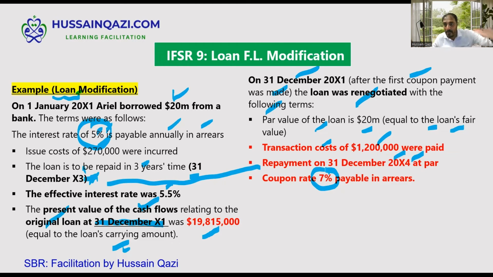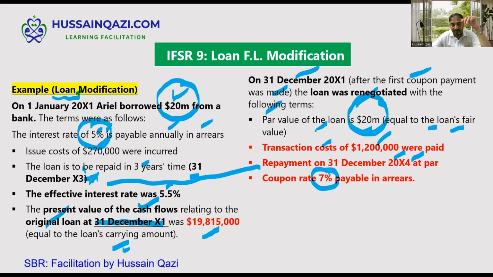Instead, we have to cover the accounting. The terms with respect to duration and interest rates have now changed. But do remember, the principal amount is still the same. 20 million original loan, 20 million revised loan. Still the same.